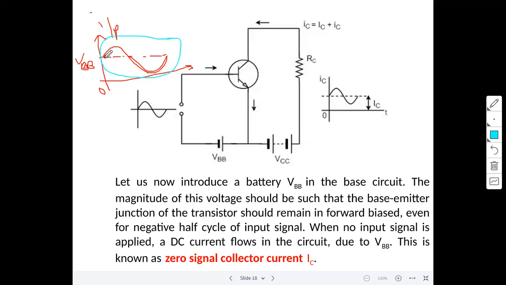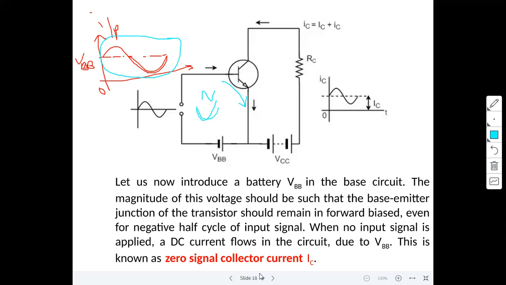That means irrespective of whether the input is a positive cycle or negative cycle, the base to emitter junction is in forward bias. Now we may apply positive cycle or negative cycle, and it is transferred to the output side as an amplified version.